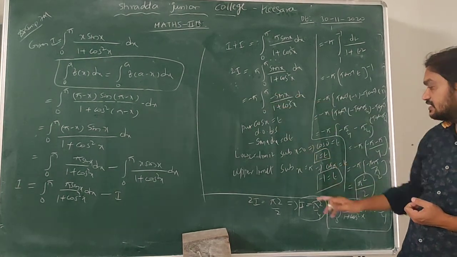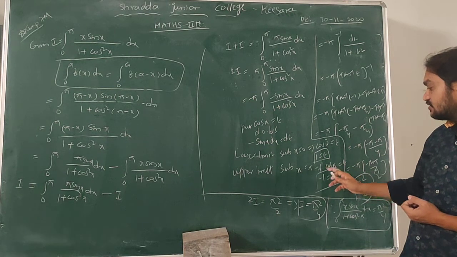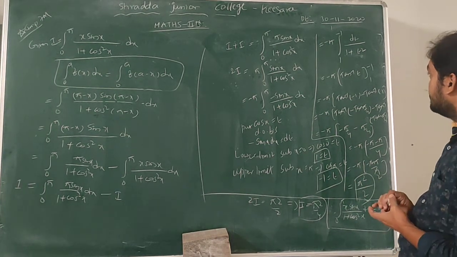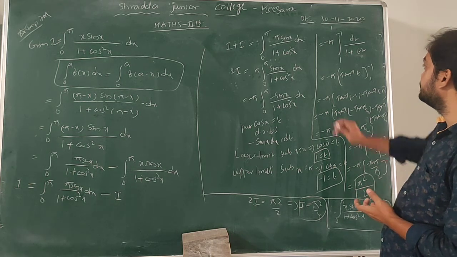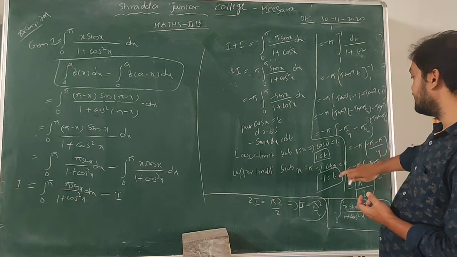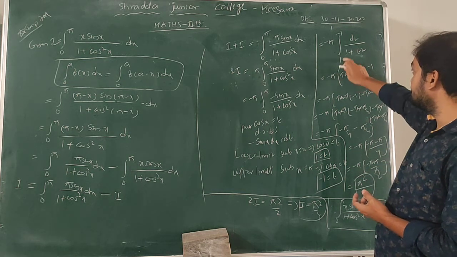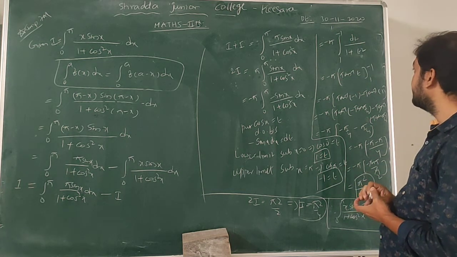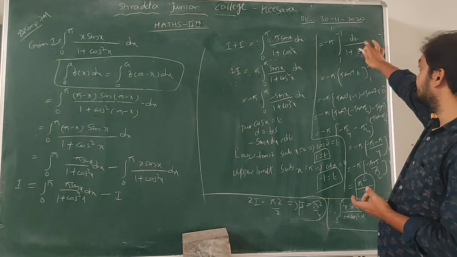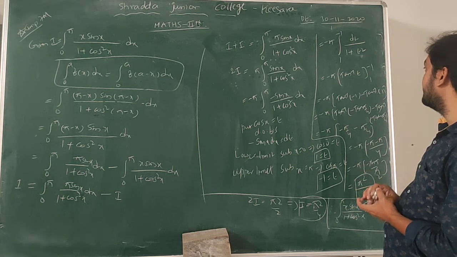Substitute in place of x, that is pi, then t equals cos pi, that is minus 1. So substitute the limits. What are we getting here? Minus pi integration lower limit 1, upper limit minus 1. Now minus sin x dx is nothing but dt by 1 plus t square.